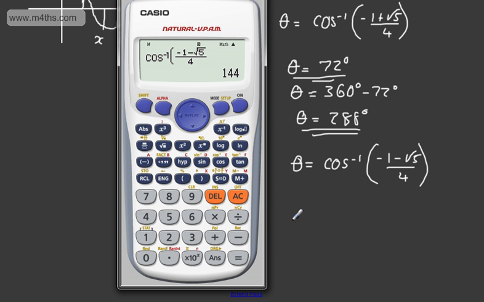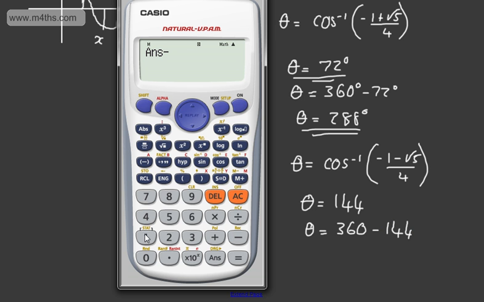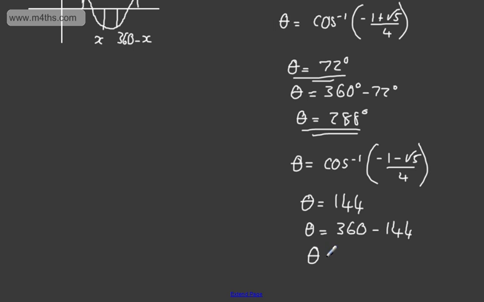That's going to give us 144, so theta is equal to 144, and then we'll have theta is equal to 360 minus the 144. So that'll give us the two values. Let's go ahead and do that. So 360 minus the answer, again being lazy here, minus the 144, and that will give us 216. So theta is equal to 216.